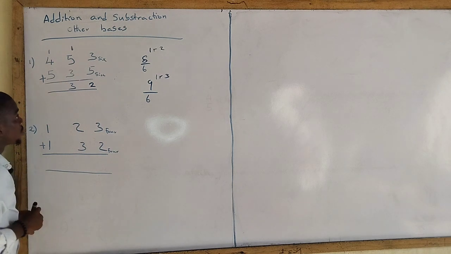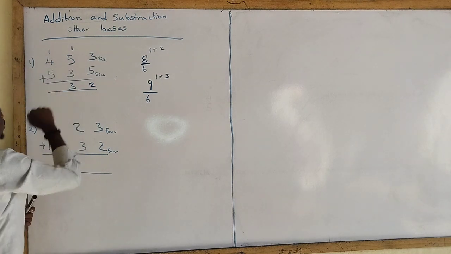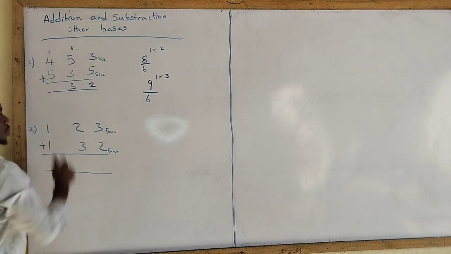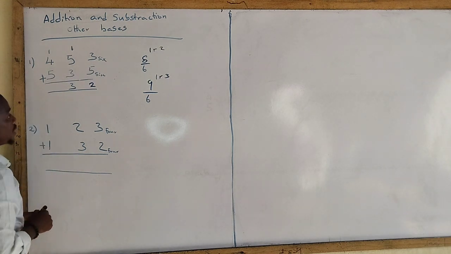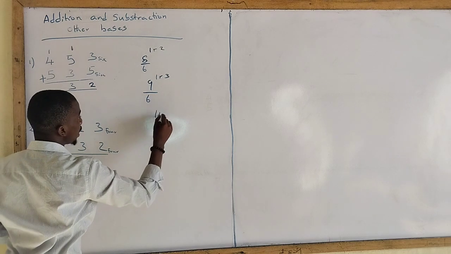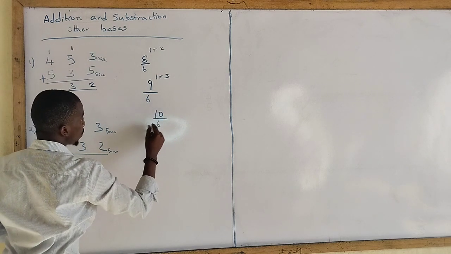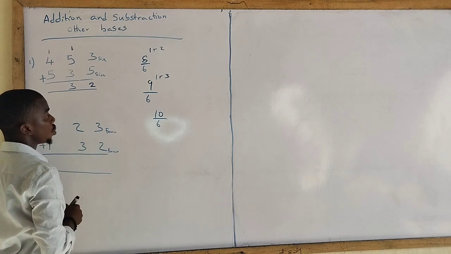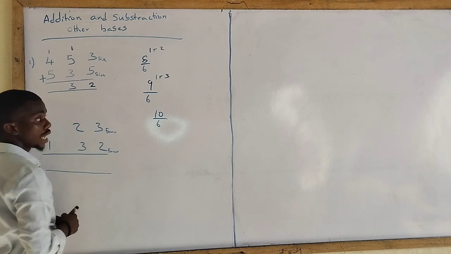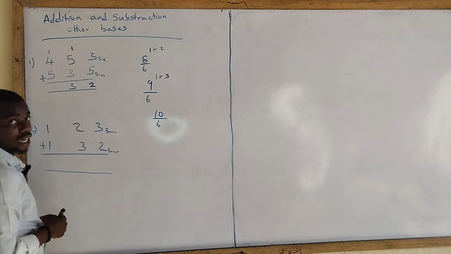So now we look at the next one. 4 plus 5 is 9, plus 1 is equal to 10. So we divide it again by 6. 6 goes into 10 one time, remainder 4. Are you with me?